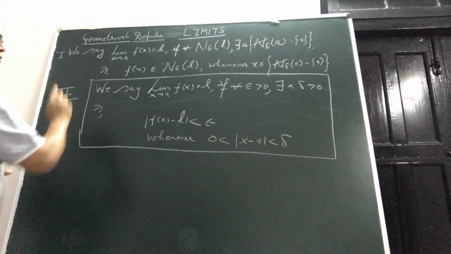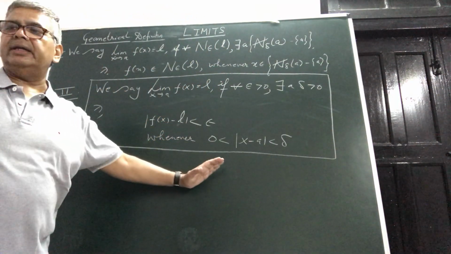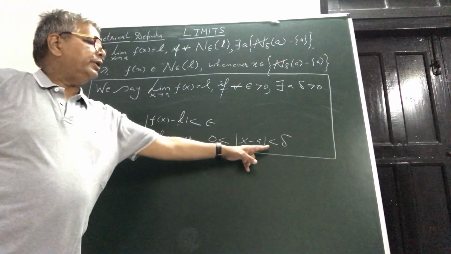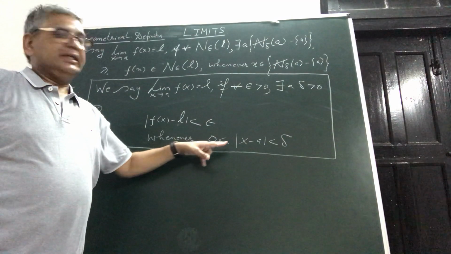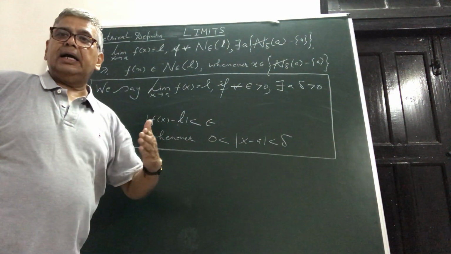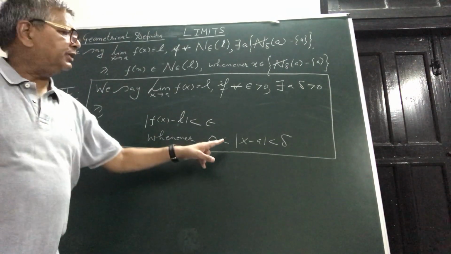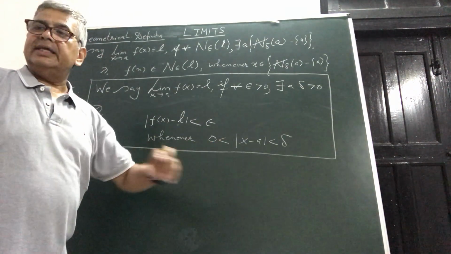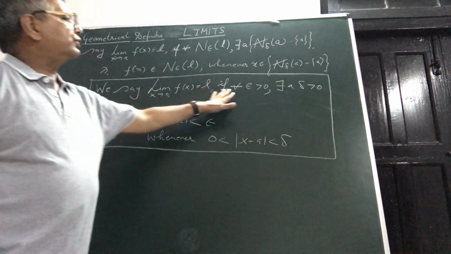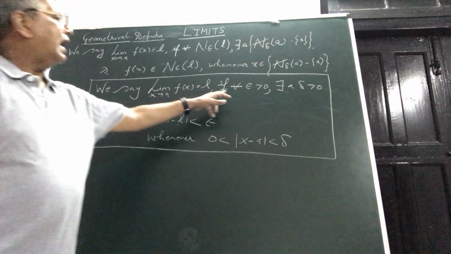But since all things have been explained to you very nicely, what these two inequalities convey is nothing but the deleted delta neighborhood of A, and the element that has been ignored from this deleted delta neighborhood of A is nothing but the middle element A. And this is of course nothing but the epsilon neighborhood.